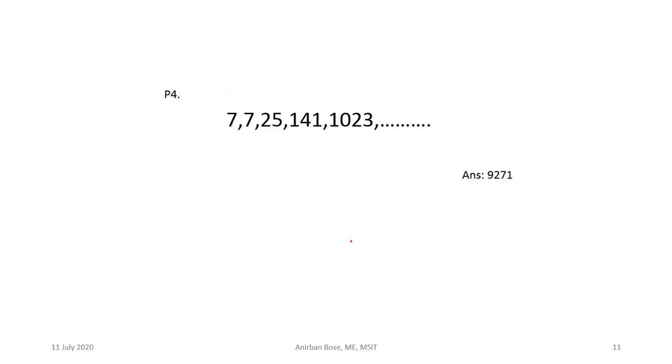Now see this particular series. I will request you to try all these series on your own. Pause the video, try on your own first, and if you can't find it, then you see the solution. Now see, for this particular series, how can you think?